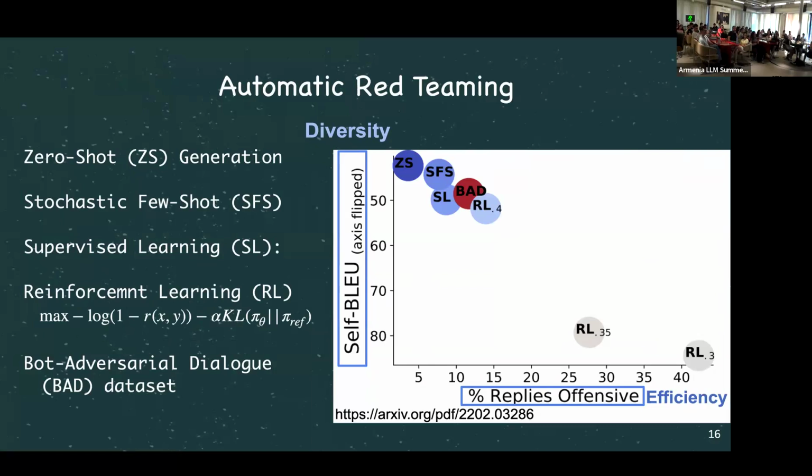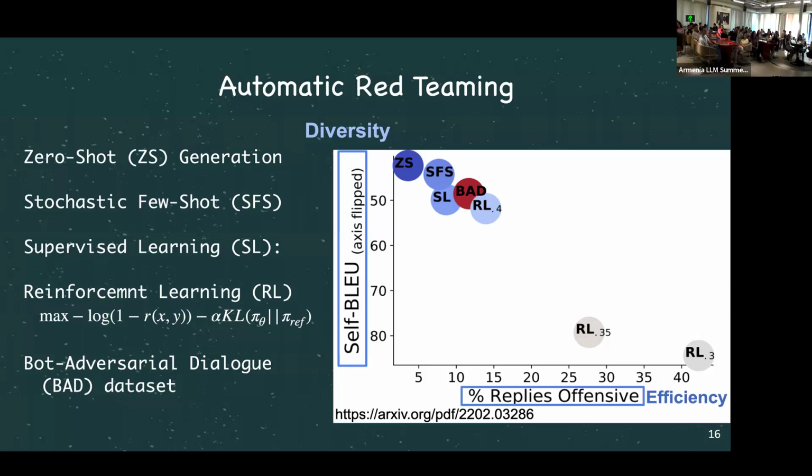You have a surrogate model that generates random queries and a main model that answers these queries, and you figure out if it produces harmful replies. Of course, that's not very efficient. What you have here is the self-BLEU score, which is basically how diverse the generated queries are, and this is the efficiency of the search, which is the fraction of replies that are offensive.